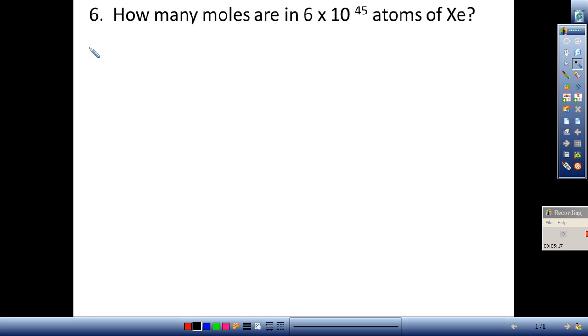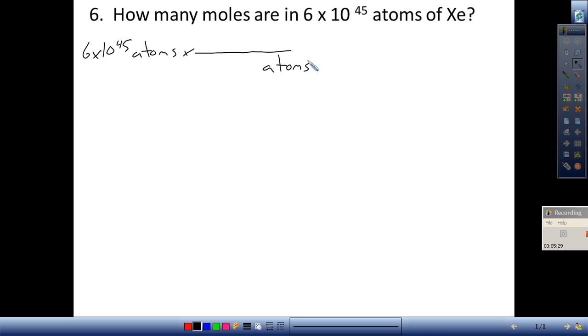Now I'm starting with some atoms. Again, I don't want atoms. Whatever's up here goes down here. I'm looking for moles, so that goes up here. I look at my fraction. It has moles one time, so I put 1. Now, how many atoms in a mole?